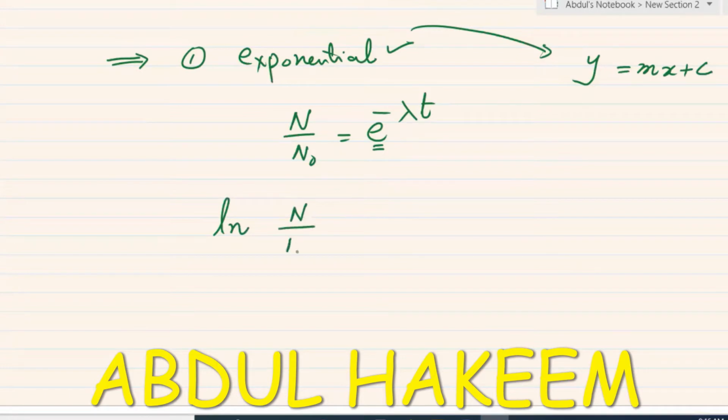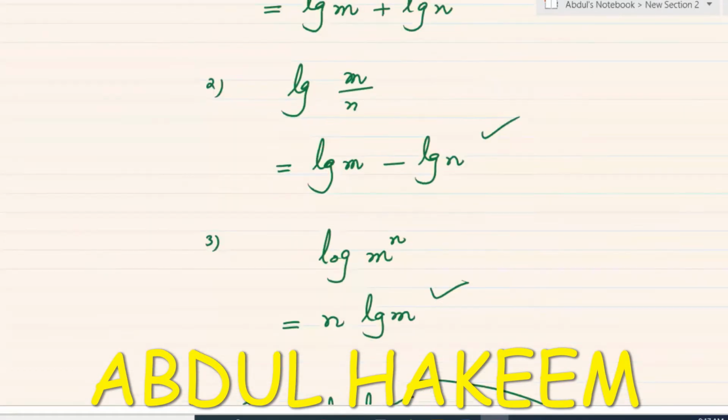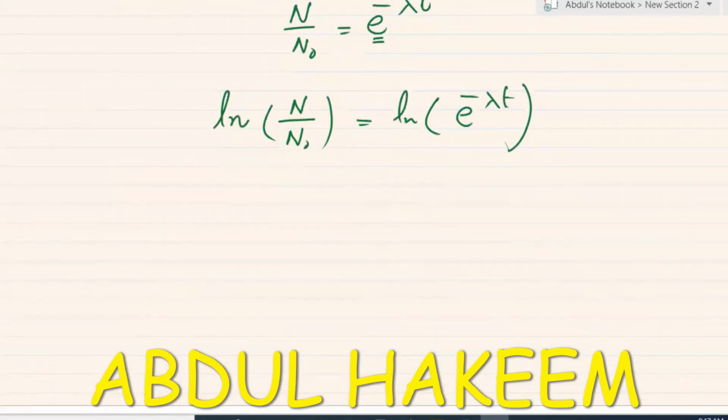So ln of N over N naught equals ln of e power minus lambda t. The formula for lg and ln will remain the same. So it can be written as ln N minus ln N naught.